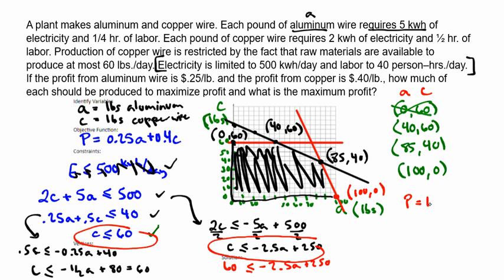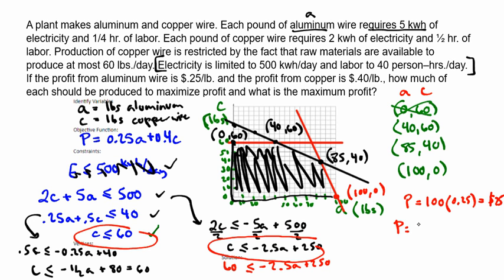I'll do the bottom one first. 100 times, why did I do it? Oh, pounds of aluminum times 0.25 plus 0. So this would be a profit of $25. Wow, that is just not a great amount.